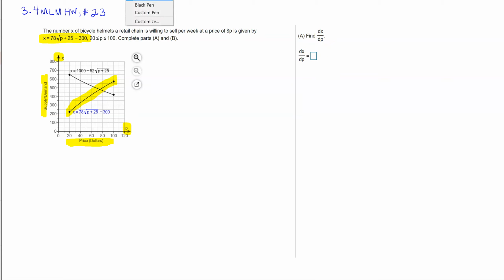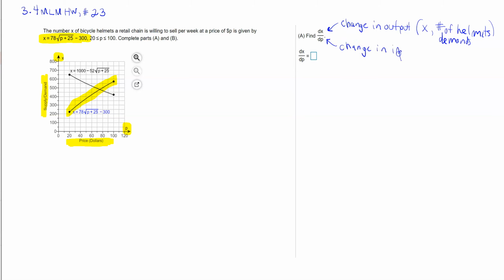When I read this notation, remember a derivative is just a slope. It's a rise over run. So that's your change in outputs, which in this case is X, the number of helmets demanded. And so rise over run is change in output over change in input.